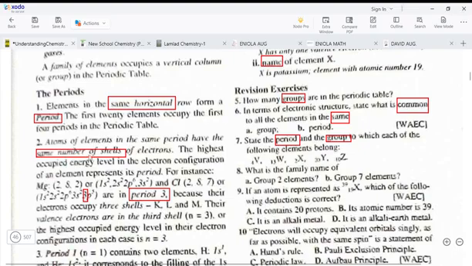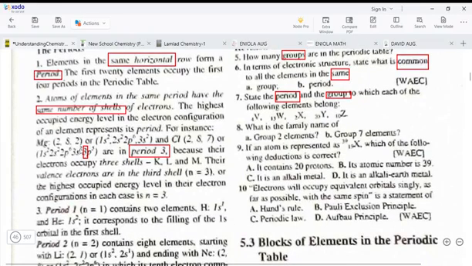Then they always have the same number of shells. I've said that earlier. This is just the note that will help you to know the period. So I'm always looking at the last energy level. The number that is there will tell us the period it belongs to. Like if you are asked what period the element with this configuration belongs to, just check the last number, that's the period. Because each of them has a shell, K shell, L shell, M shell, so that's period 3.